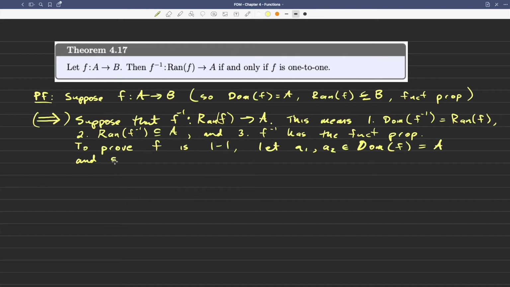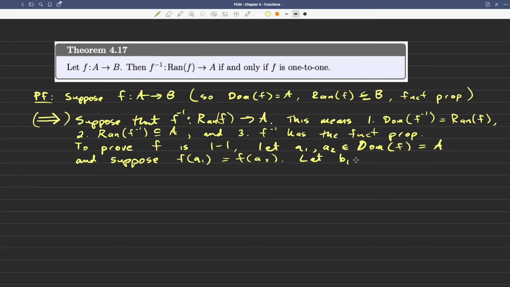So suppose f of a1 equals f of a2. When you're dealing with inverses, it's often easier in your proof to convert things into the ordered pair notation, because we know that the inverse is just where you take the original relation and reverse the order in the ordered pairs.